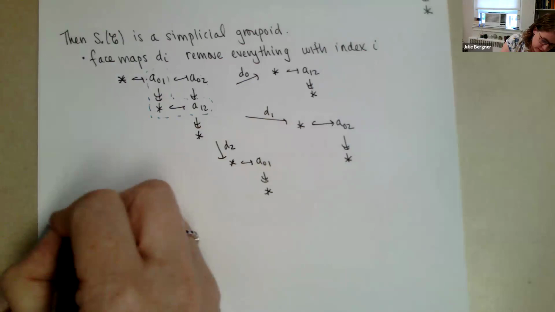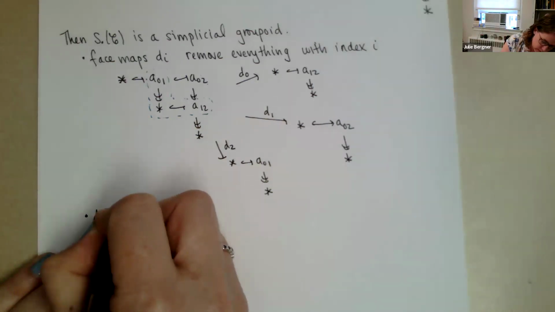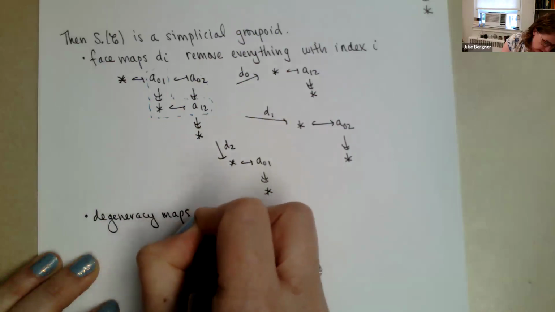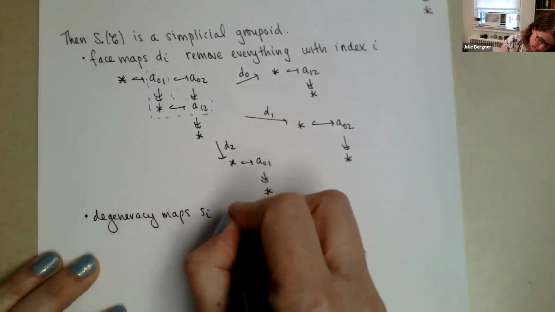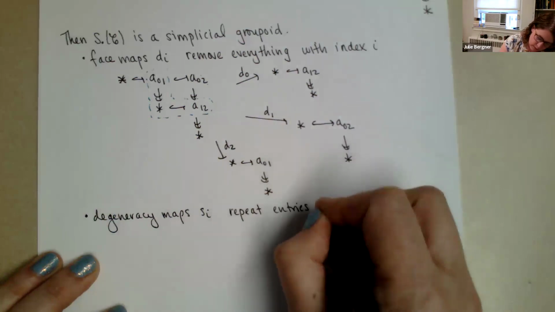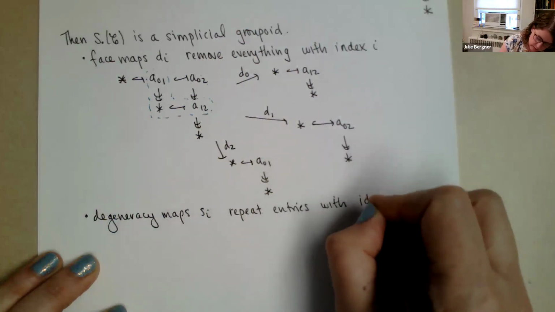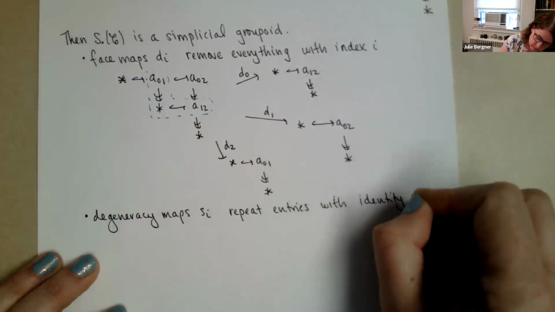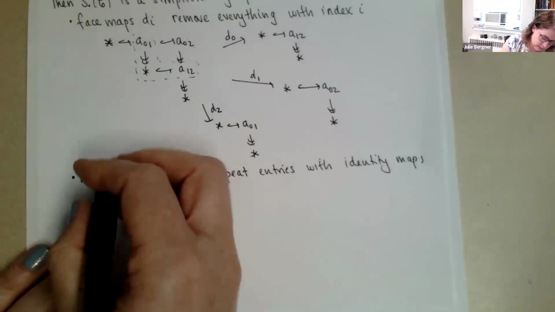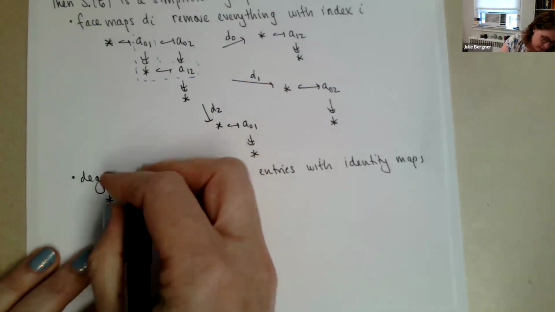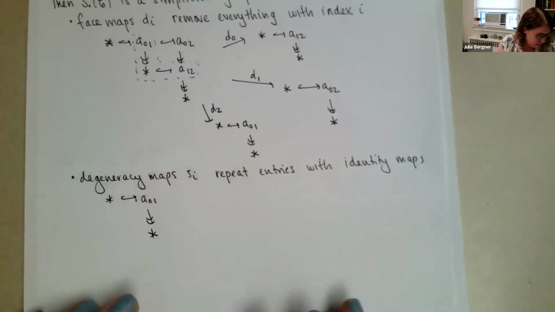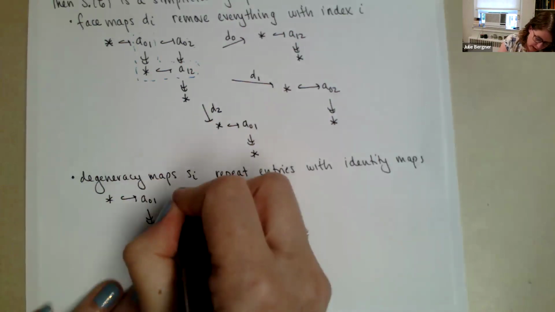And then the degeneracy maps, SI, they just repeat entries with identity maps. So as an example, let's just take a one simplex, something like this, and then say, well, what happens?